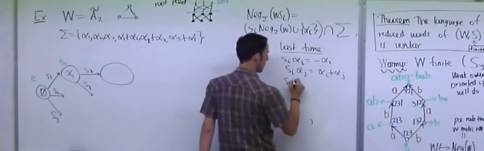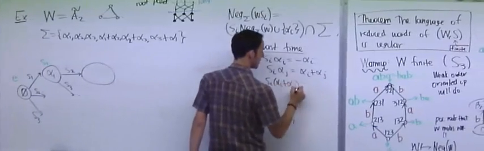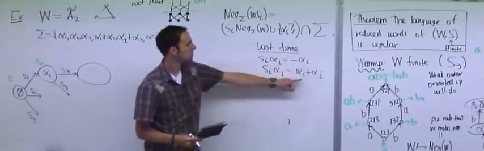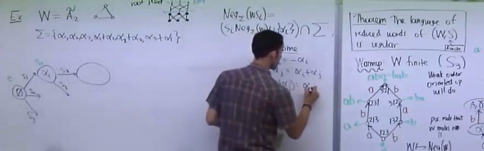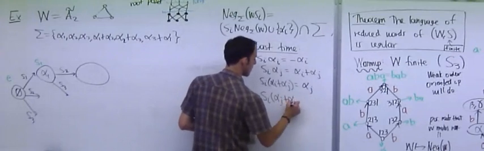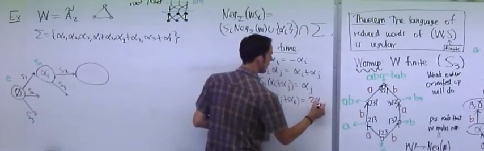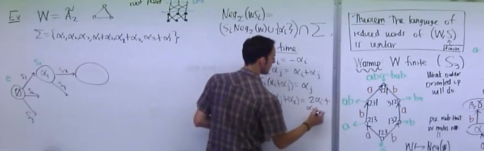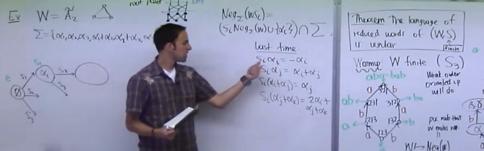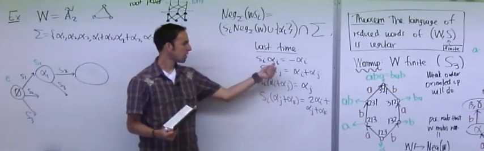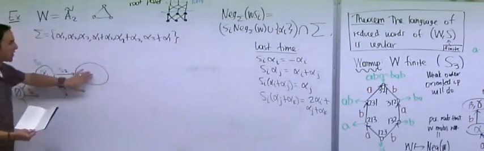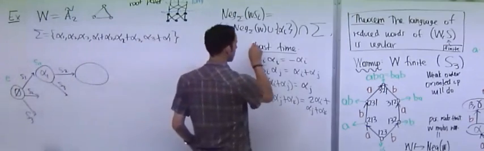If you act on alpha I plus alpha j, well, that means you take this plus this and add them, which means that you get alpha j. And if you act on this, then you get 2 alpha I plus alpha j plus alpha k. Okay? So this is a complete table of how the generator Si acts on the small roots. This is what it does to them, and these are the computations we're going to have to do over and over here, so it's good to have them in a little box here.